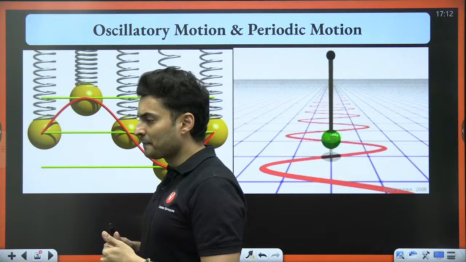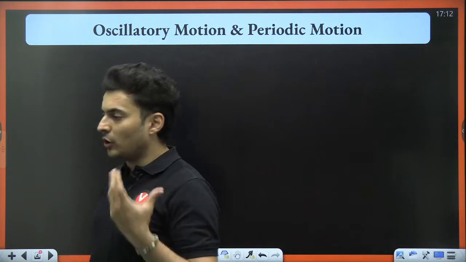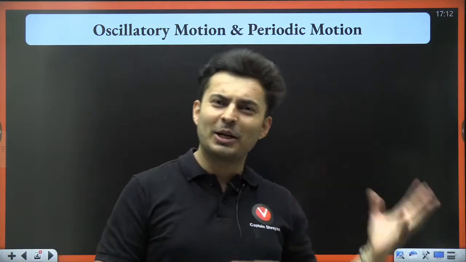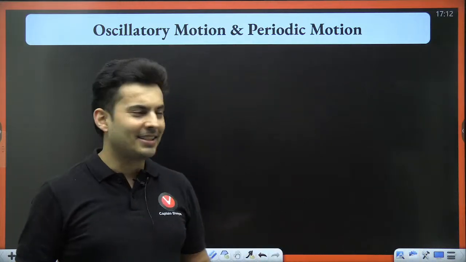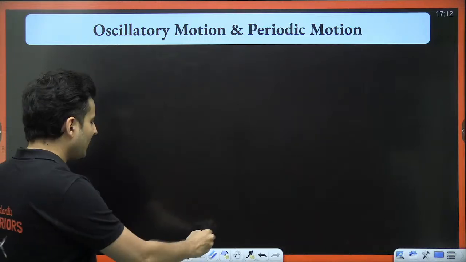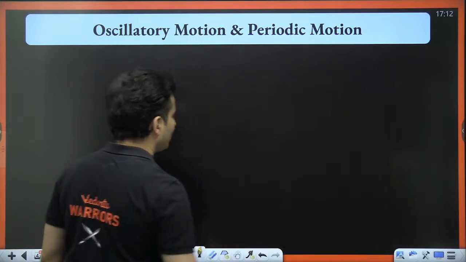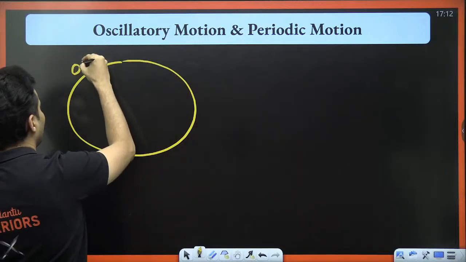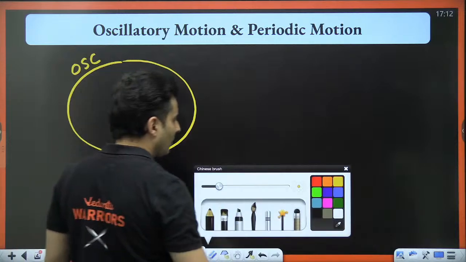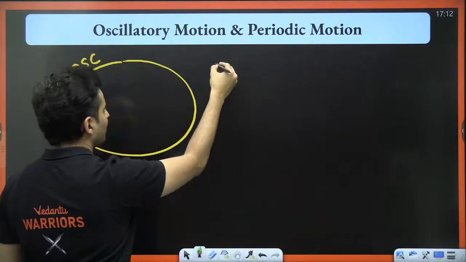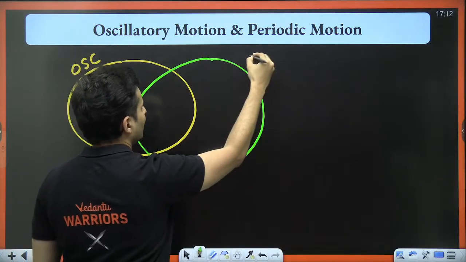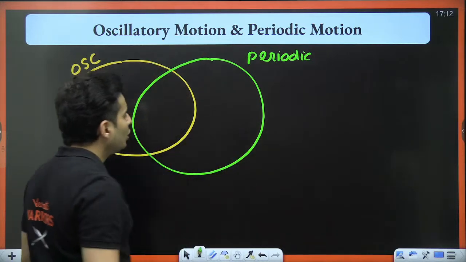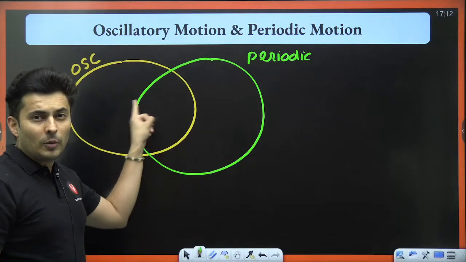That's number one. Now, what's the difference between oscillatory and periodic motion, and is it possible something is oscillatory but not periodic, and vice versa? Let's have a look at it. If I take a set of motions which are oscillatory, and a set of motions which are periodic in nature, you will see some things are common between them.